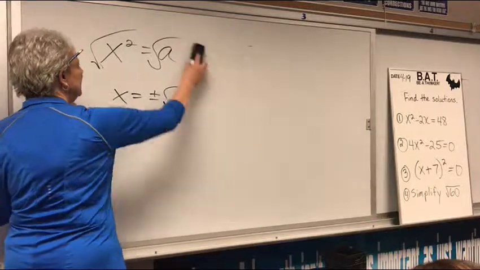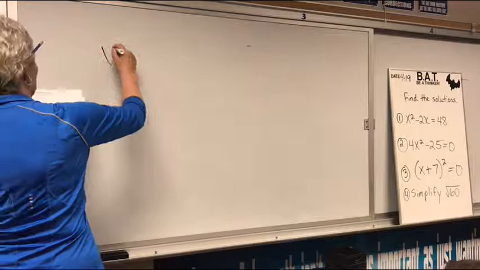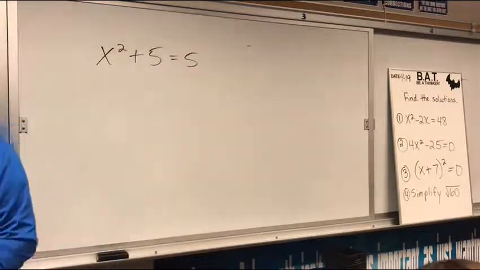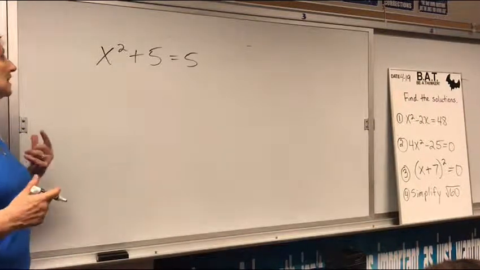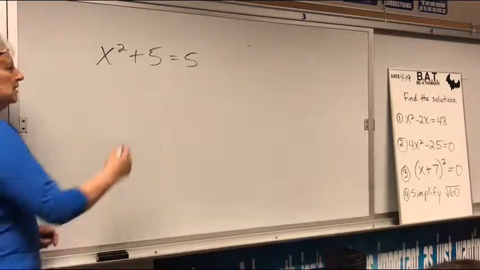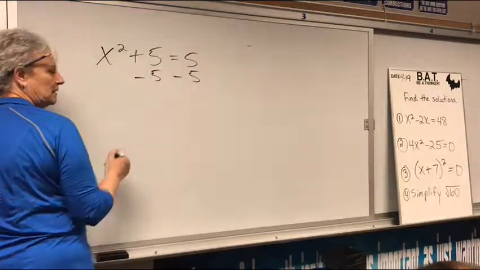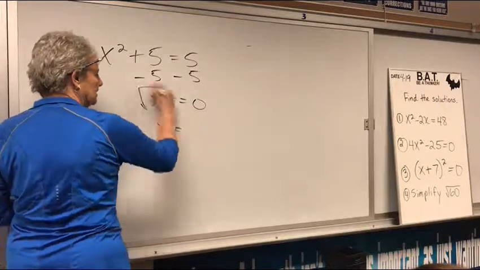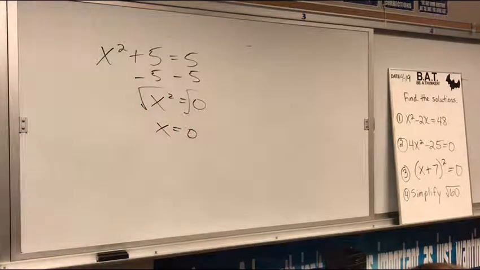So, if I give you this problem, and I tell you to solve by square root, I'm telling you not to factor. Subtract 5, x squared equals 0, x is 0. One answer. There's no plus or minus 0.